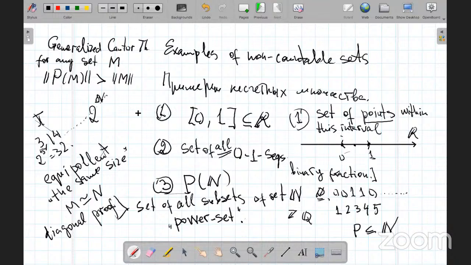You can look at some previous pages, and by analogy, that is extended to this infinite situation. And so we can say that this is strictly bigger than the size of n.